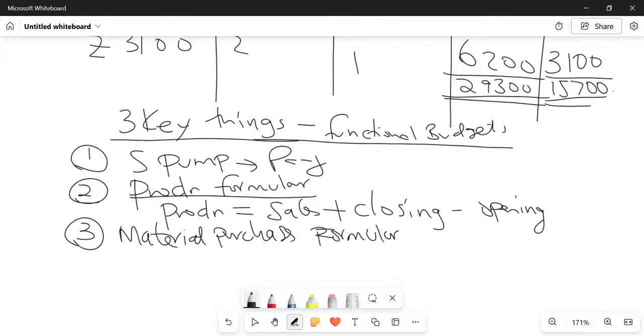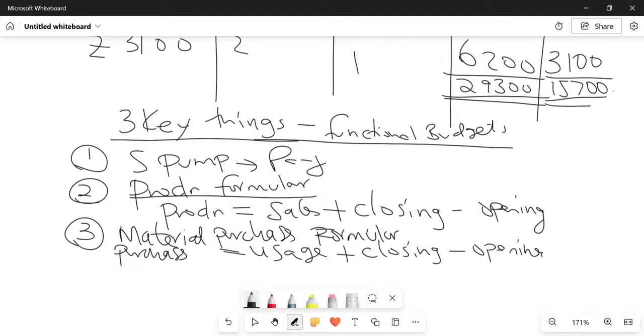So under the material purchases budget, our purchases will be equal to usage plus closing minus opening. Very important. Please give me a signal whether we are together up to here.